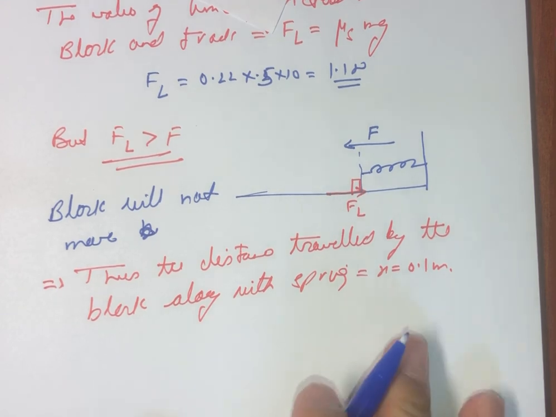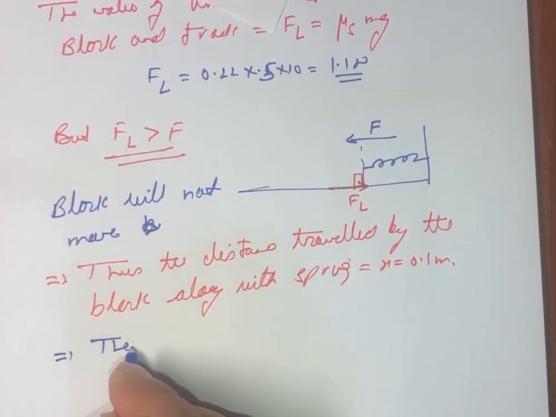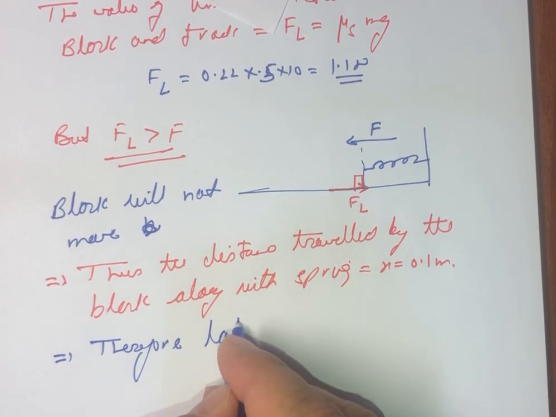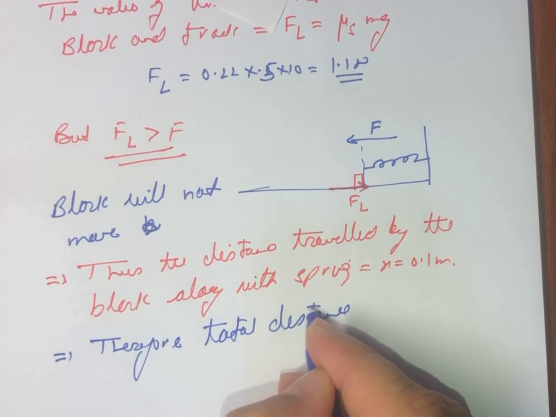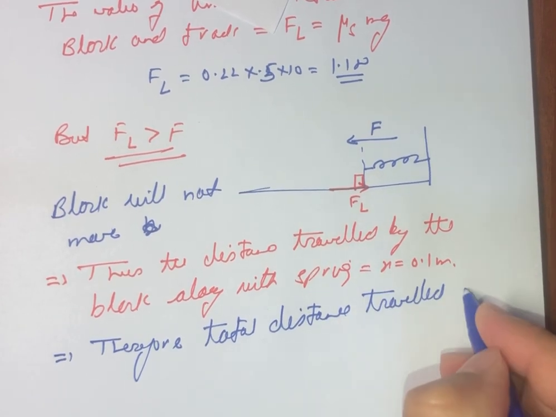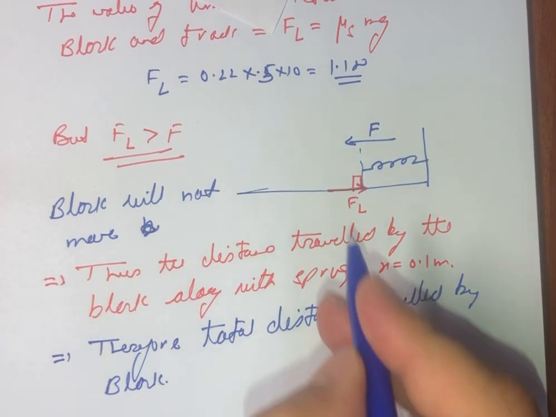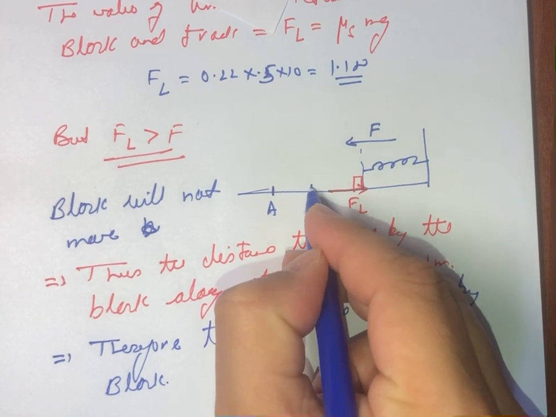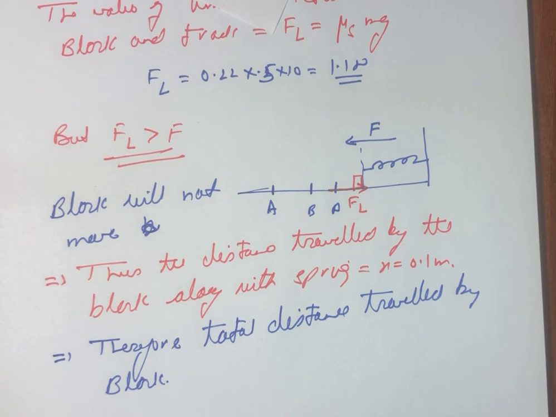Therefore, the total distance traveled by the block: it started from point A, then B, then D, and then x.